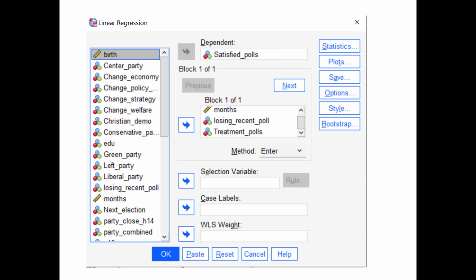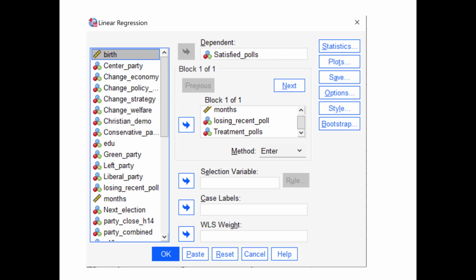I then put in the dependent variable for the dependent variable slot. That satisfied polls. All the recoding already looks good. The missing is missing, and it ranges from 1 through 5, right? Which is more ordinal than interval, but it's okay. I'm replicating this. I would probably do an ordered logit or ordered probit, but OLS regression is probably fine.